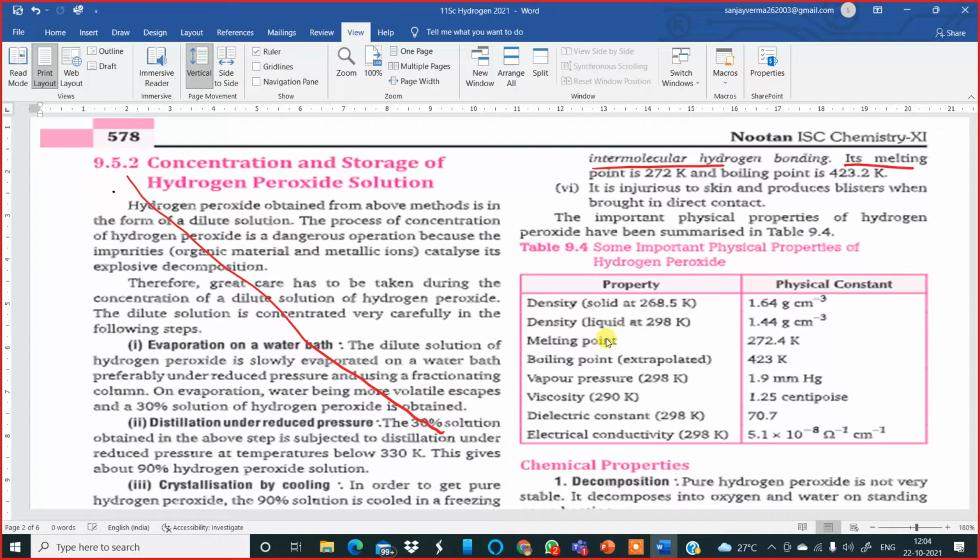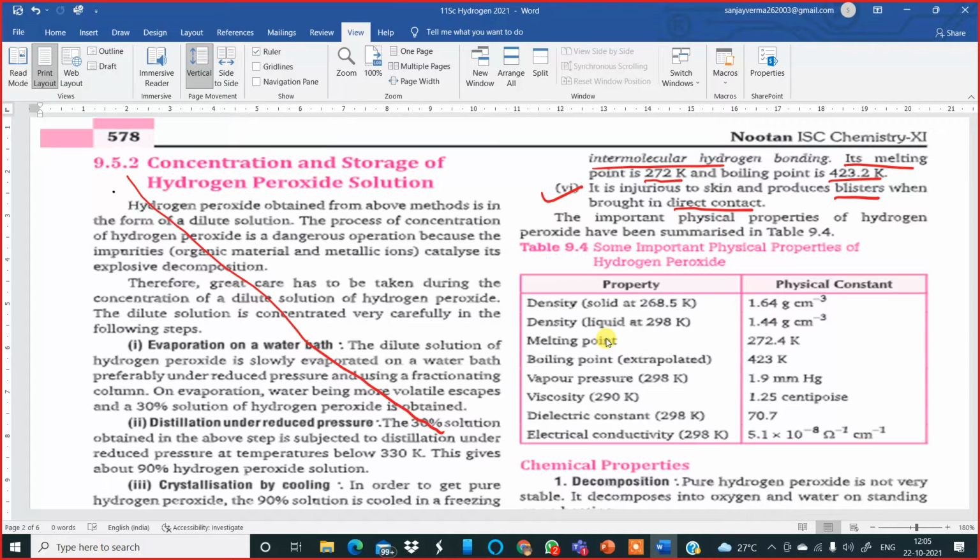Its melting point is 272 Kelvin, below 0 degrees Celsius, and boiling point is 423.2 Kelvin. This hydrogen peroxide is injurious to skin and produces blisters because of its oxidizing nature when brought in direct contact with the human skin.